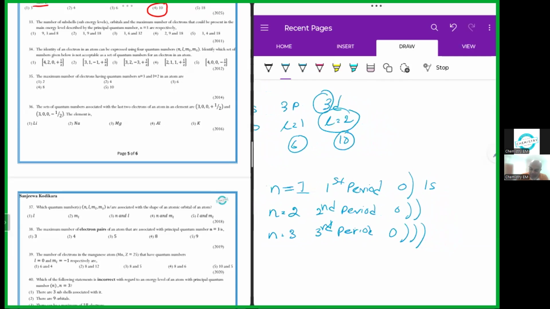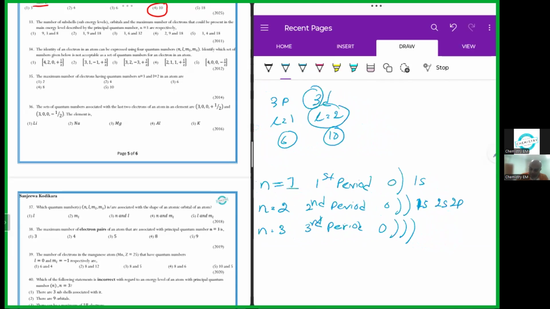Second period is having 1s, 2s and 2p. Third period is having 1s, 2s, 2p, 3s, 3p, and 3d. Right? So looking at this, we can deduce the period and the subshells available in each period.